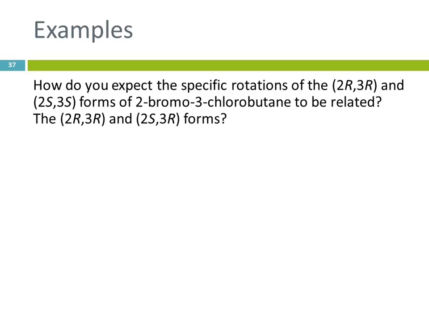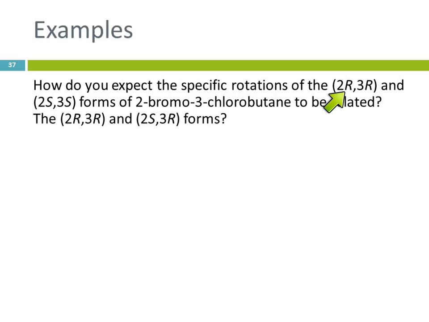So how do you expect the specific rotations of 2R3R and 2S3S forms of 2-bromo-3-chlorobutane to be related? This is that same molecule that we've been looking at in multiple slides.